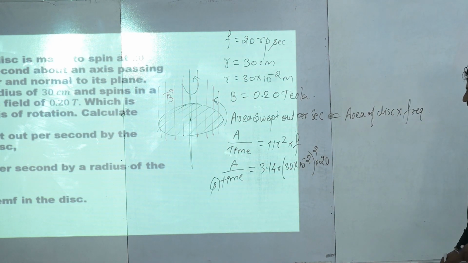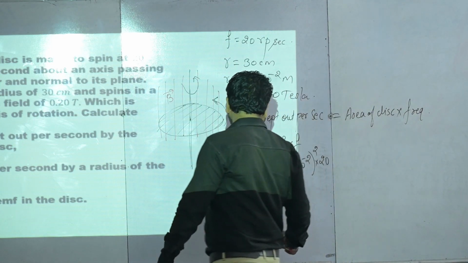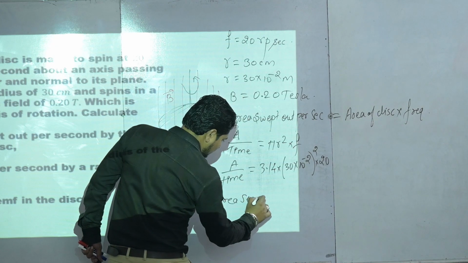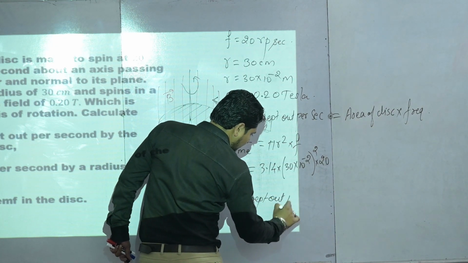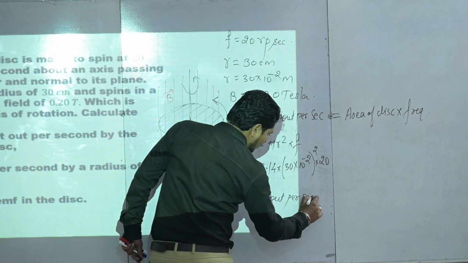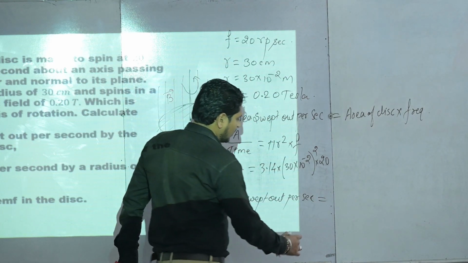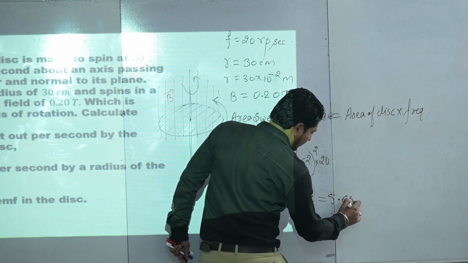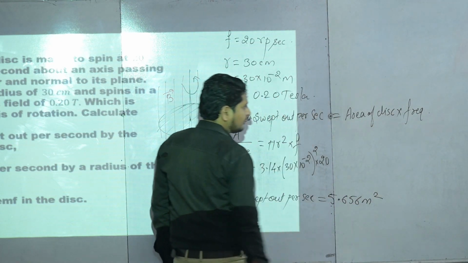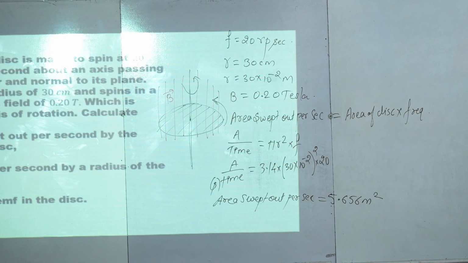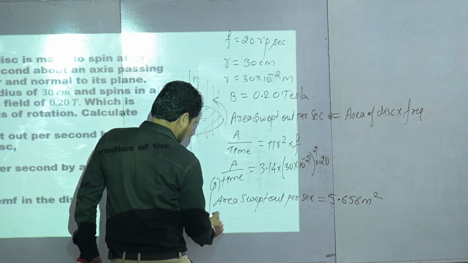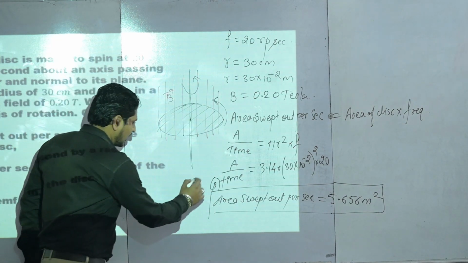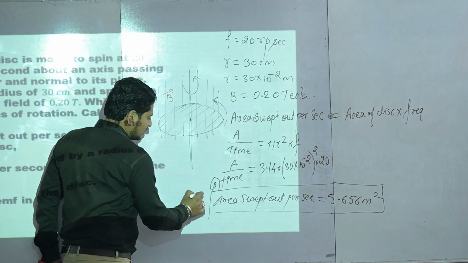So after solving, we get the area swept out per second, equal to 5.656 meter square. Clear? So this is the area swept out per second. So this is the value for your first term. This is your first term, you have to solve 3 terms.